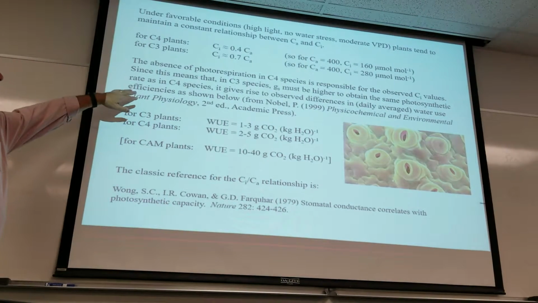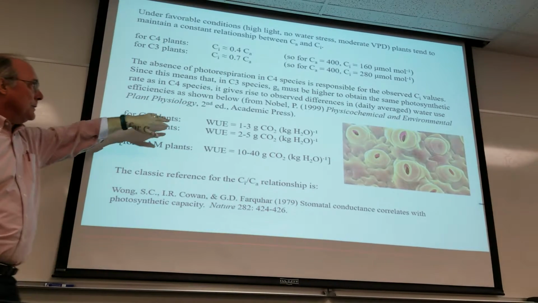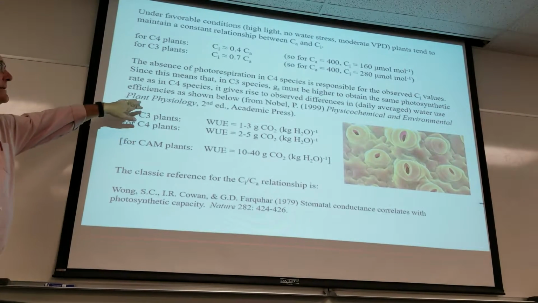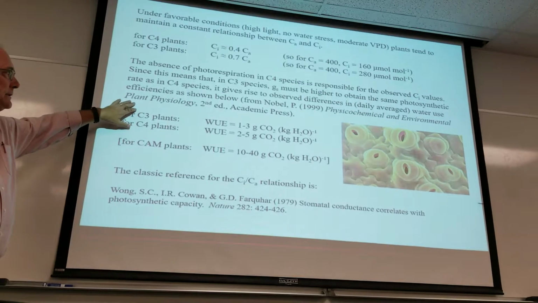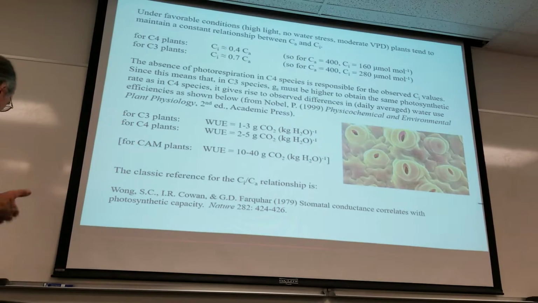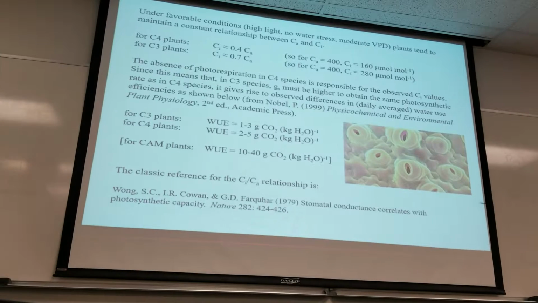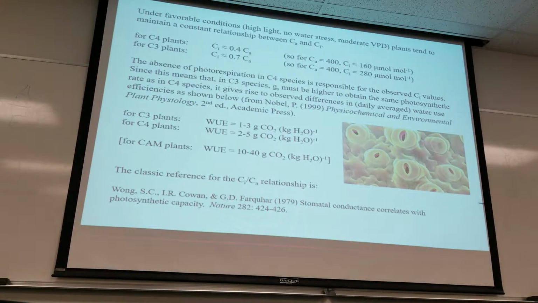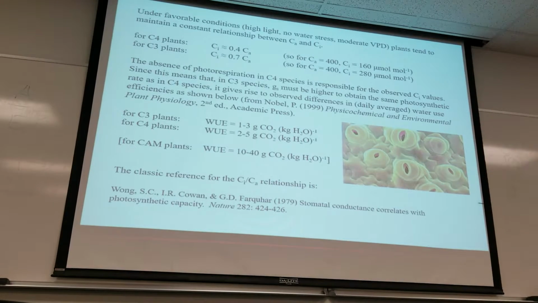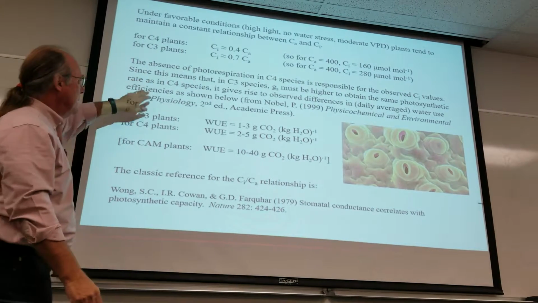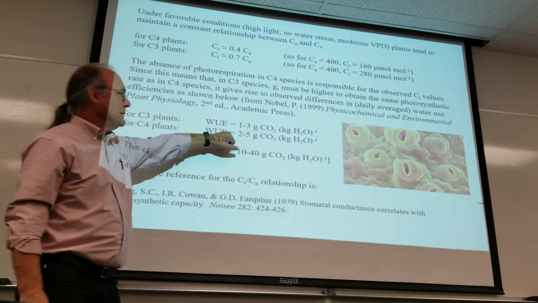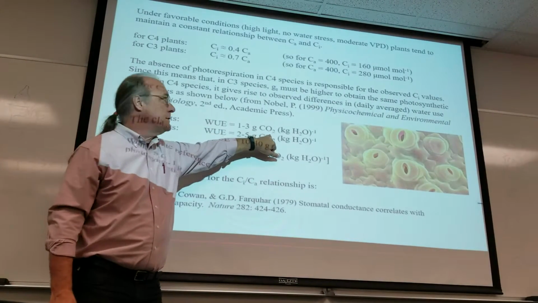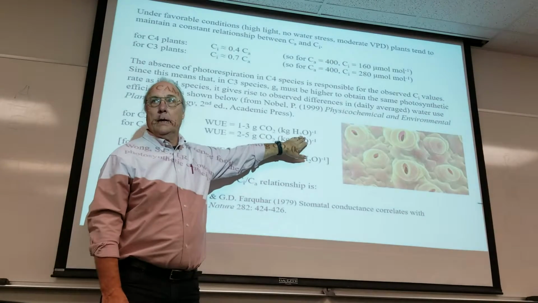So that leads to these values that come from Parkhurst and Bell's book, and these are daily averages. If you take the water use efficiency as being the photosynthetic rate divided by the transpiration rate, and you average that over a day, for C3 plants you find water use efficiencies in the range of 1 to 3 grams of CO2 per kilo of water lost.